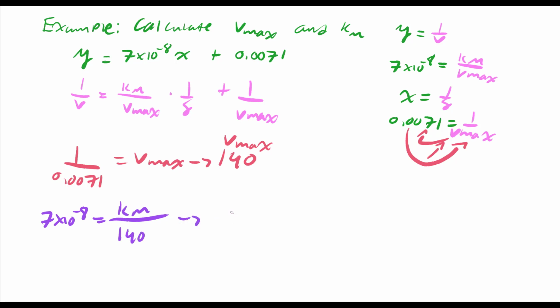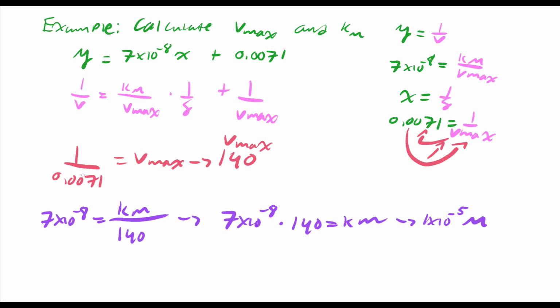We have 7 times 10 to the negative 8 multiplied by 140, which is equal to your Km value. And we should get 1 times 10 to the negative 5. Remember the unit for Km is concentration, so let's say molar. So essentially that's how you calculate the Vmax and the Km.